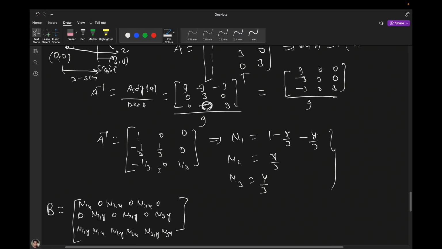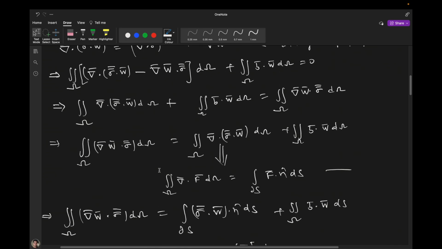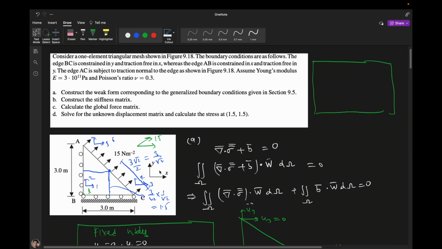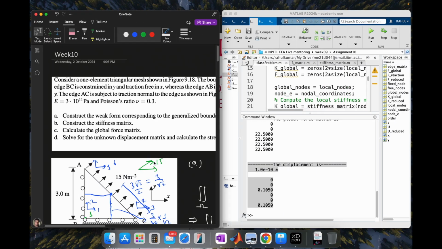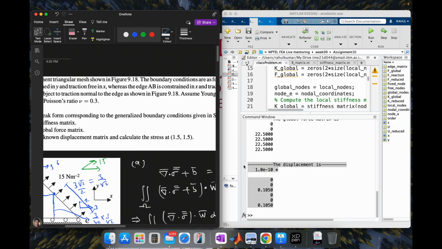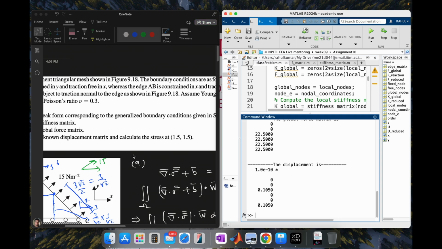Now, what is the next problem? It is saying solve for the unknown displacement matrix and calculate stress at 1.5 and 1.5. Unknown displacement matrix, that is fine. Calculate the stress at point 1.5 and 1.5.